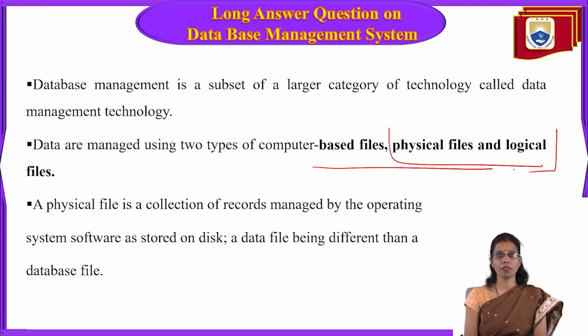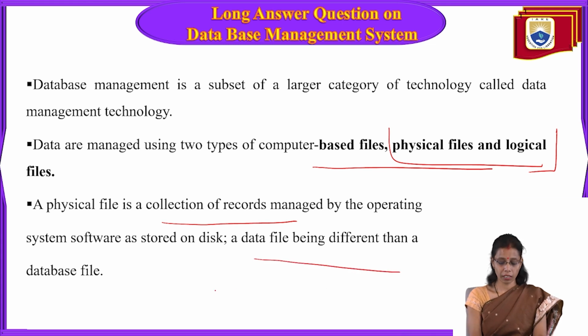Now what is a physical file here? A physical file is a collection of records managed by the operating system. So a physical file is managed by the operating system. All the files collected by the operating system are called system software and stored on the disk.